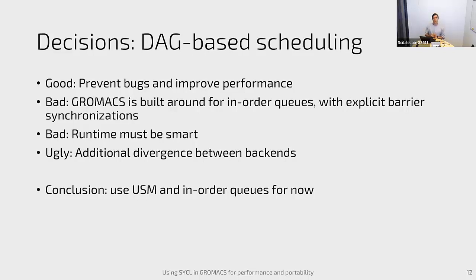Probably with our experiments in CUDA graphs and some similar related developments in OneAPI and SYCL, we will be able to ditch in-order queues and actually focus on graph-based scheduling, which hopefully will make a lot of things easier. But since at the moment we still have to use in-order queues, we decided to just use them all the way everywhere, use manual memory management with USM, and keep things maybe not simple, but at least uniform for now.